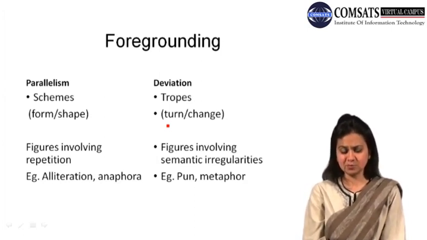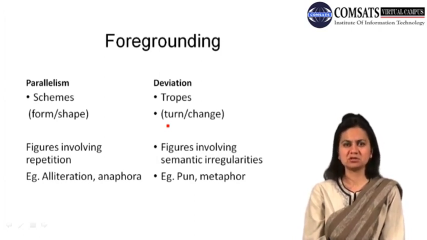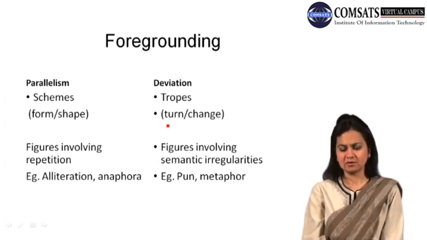So observe that alliteration and anaphora are schemes because they do not change the meaning, but they change the shape or form, and shape and form is given more balance, symmetry, order through repetition of sound and word, whereas deviation depends upon changing meaning, and it is done through the help of tropes which change meaning, turn meaning, like such tropes or such figures of speech like pun or a metaphor, where the meaning is replaced with some other word.